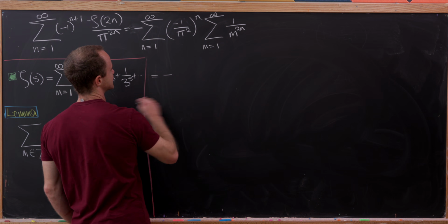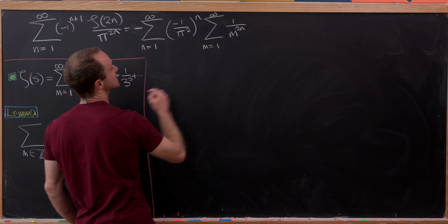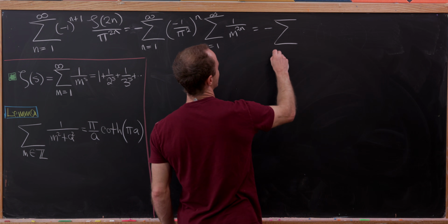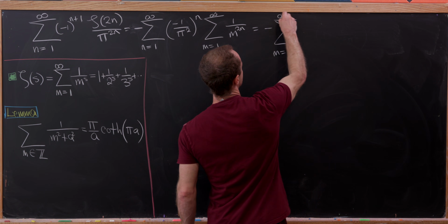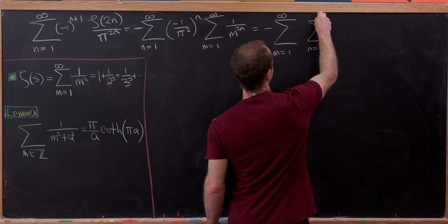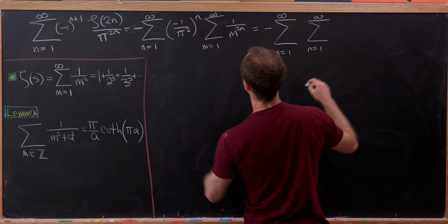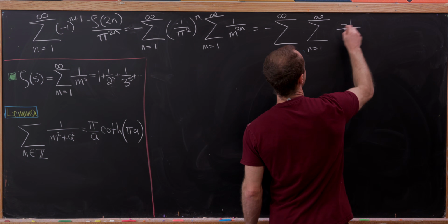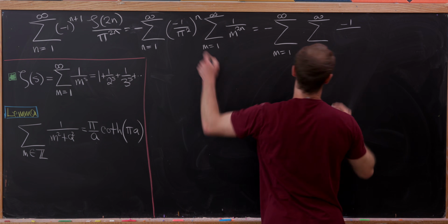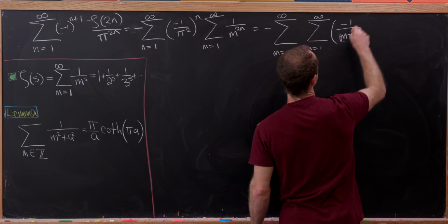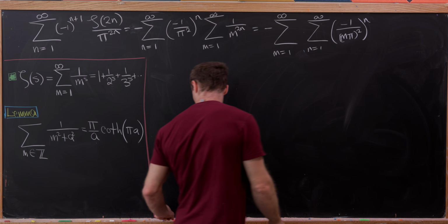So I'll keep this minus sign out front, and then I'll have the sum as m goes from 1 to infinity of the sum as n goes from 1 to infinity of, well, actually now I can put a bunch of stuff together. Minus 1 over, let's see, we've got m squared pi squared, so I'm going to write that maybe as m pi all squared and then raised to the n power.